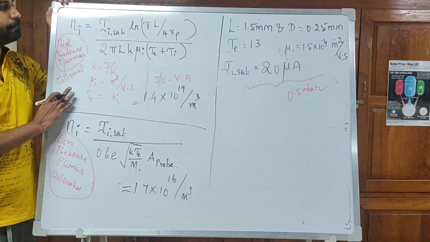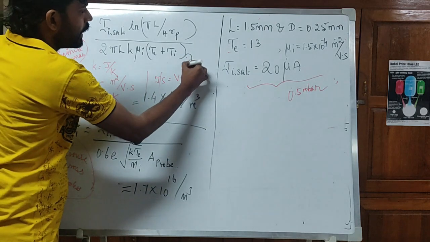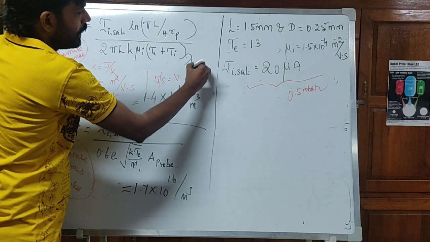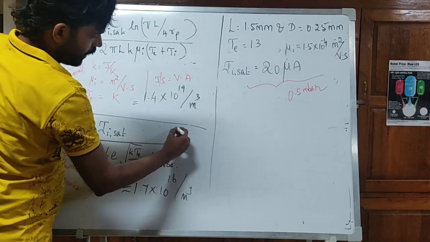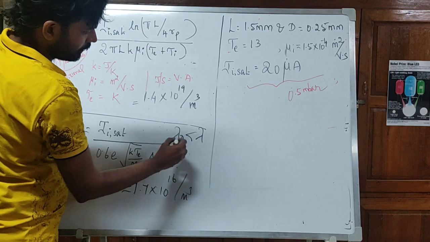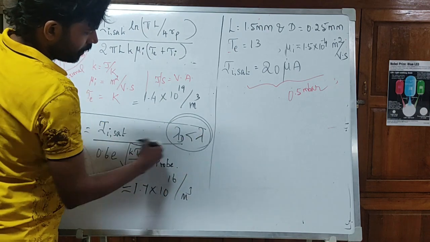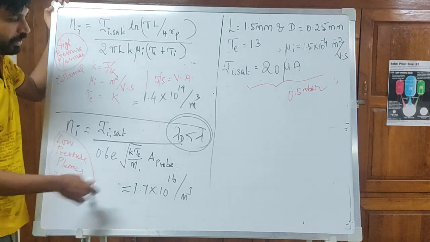Now, a simple rule of thumb is, if the Debye length lambda_D is smaller when compared to the mean free path, then we can use a collisionless probe theory.